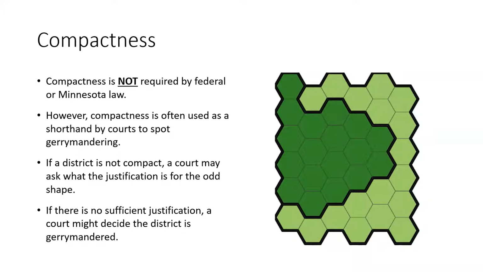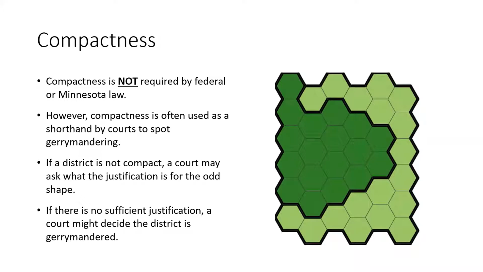And if there isn't a sufficient justification, or there's an illegal justification, like it was racial gerrymandering, then the court will decide that the district was gerrymandered. So again, compactness is not required by law, but if a district is not compact, then there needs to be a legal and sufficient justification for that strange shape.